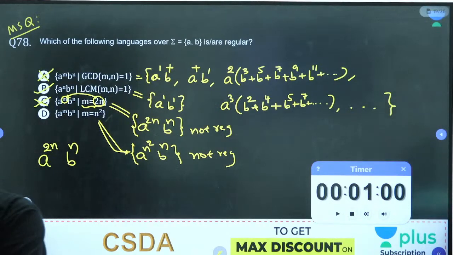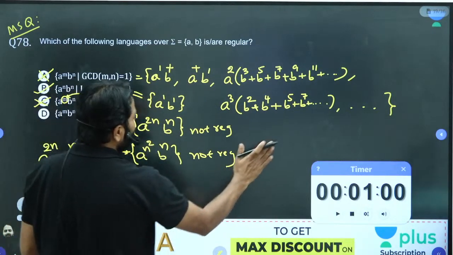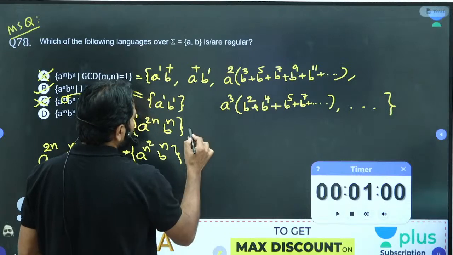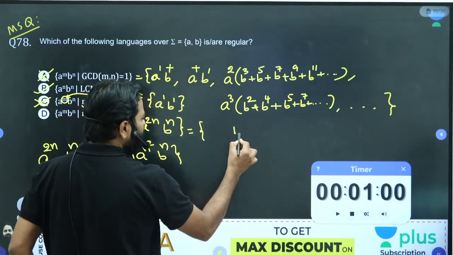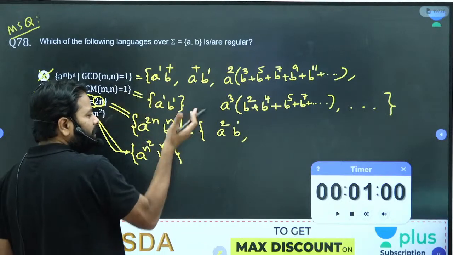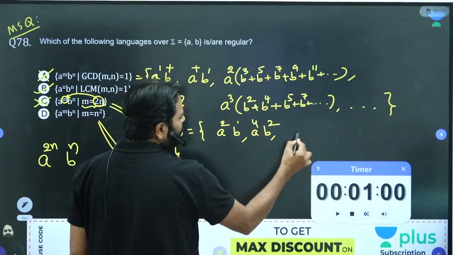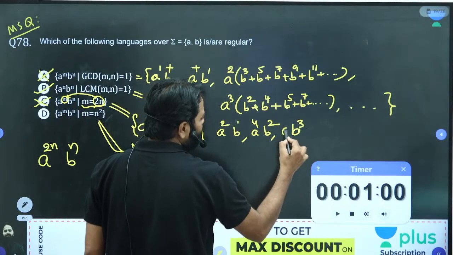And odd is different. This connection is there. Do you understand what I'm saying here? Here, if I take b power 1, it should be a power 2. There is no other way to write for b power 1. If it is b power 2, a power 4 only. If it is b power 3, a power 6.